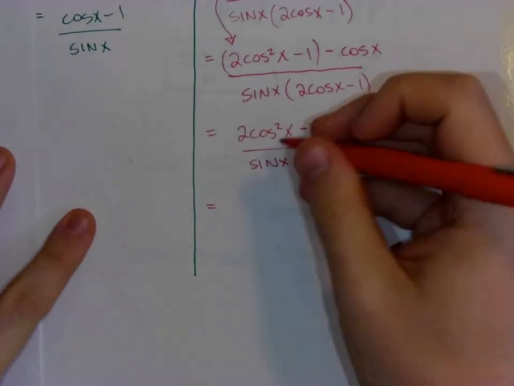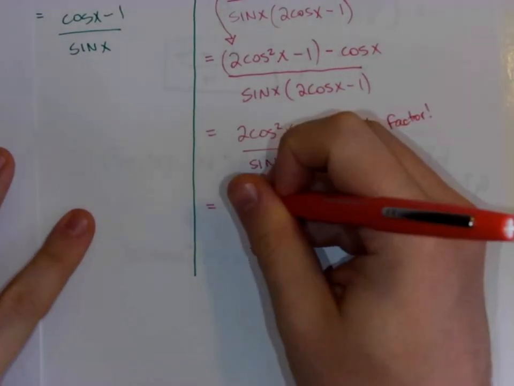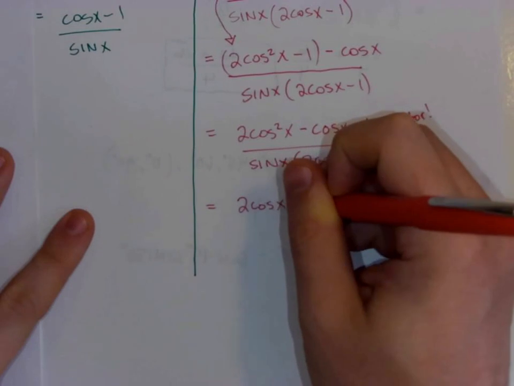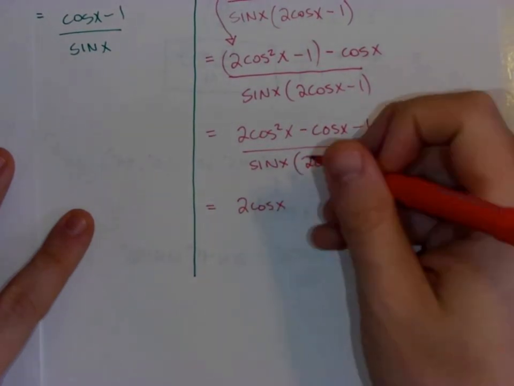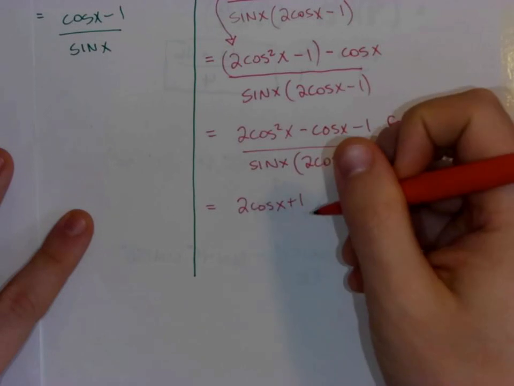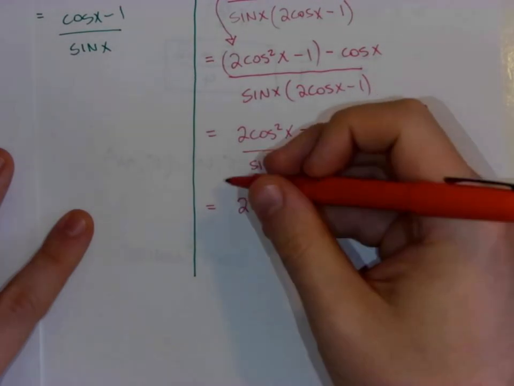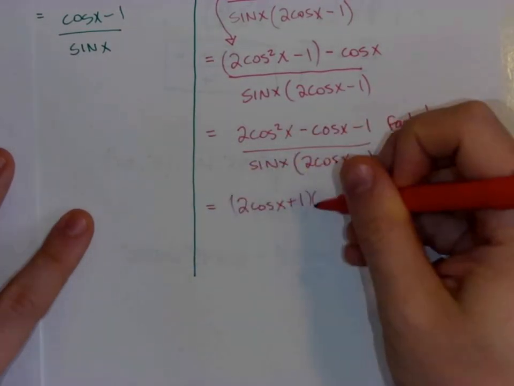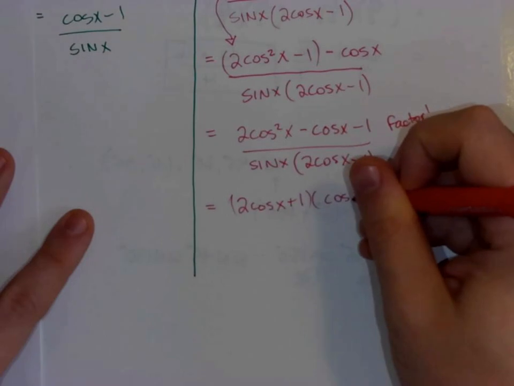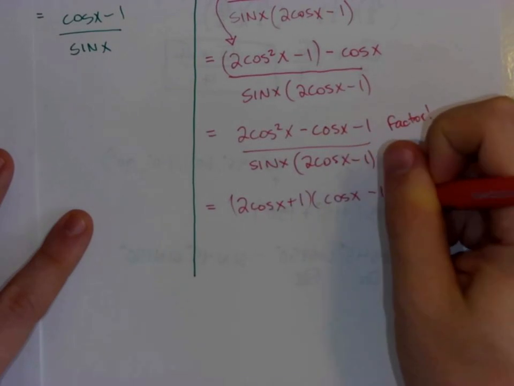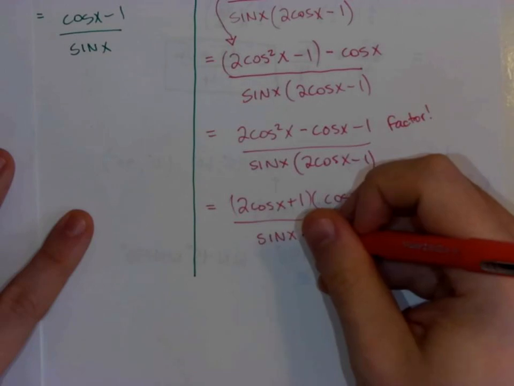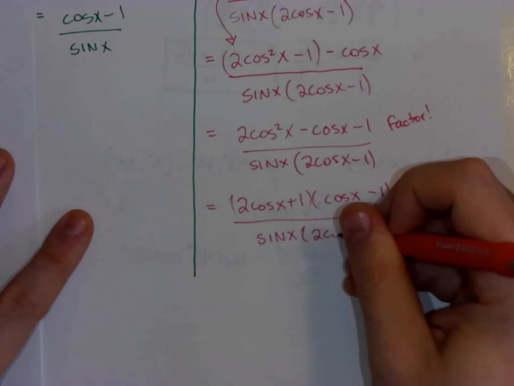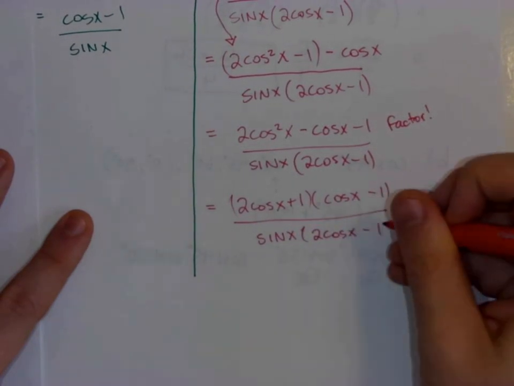I end up with crisscross to get 2 cos x plus 1 and cos x minus 1. Then on the bottom, I get sine x times 2 cos x minus 1.